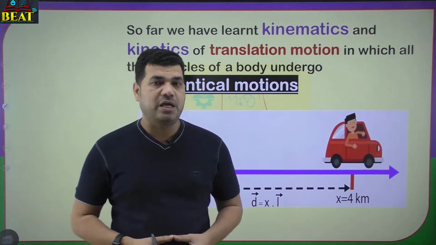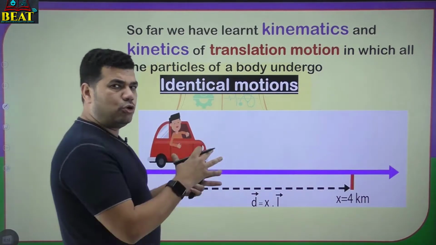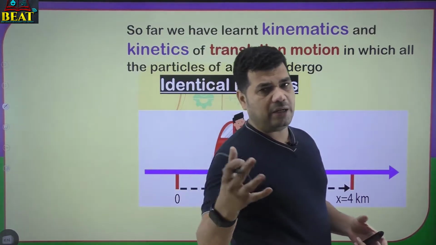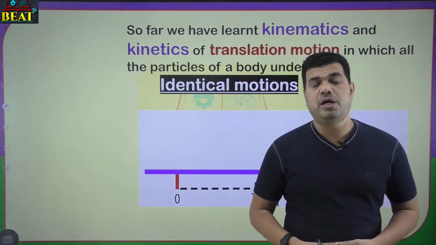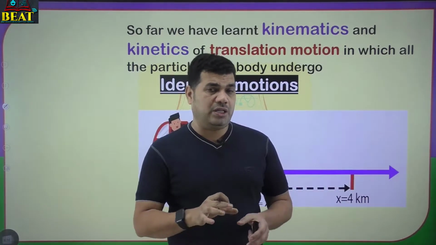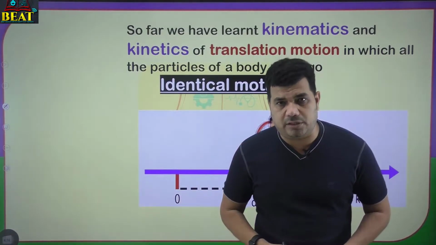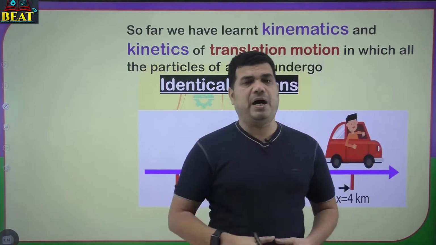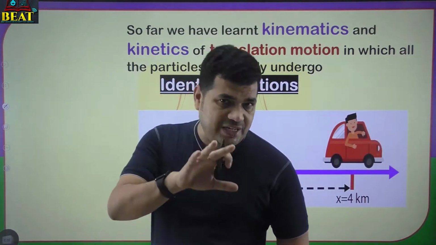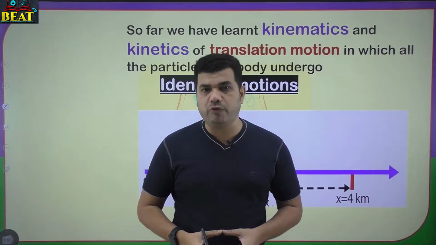But my dear friends, have you ever noticed that in this type of motion, whether it is straight line motion or curvilinear motion, all the particles situated on that body move along an identical path, and this is the same path as the body's center of mass, or you can say the CM of that body, is moving?